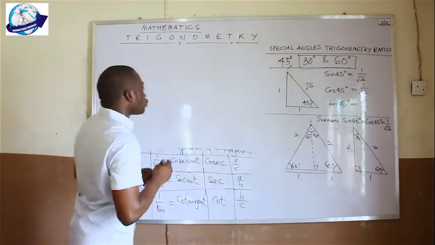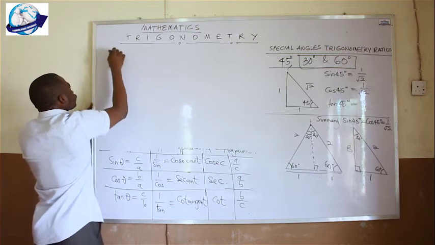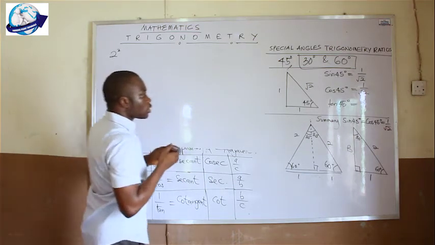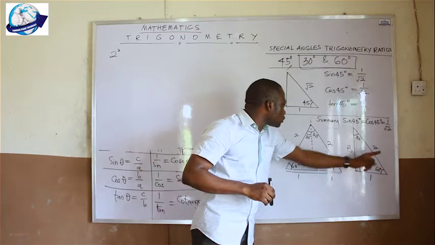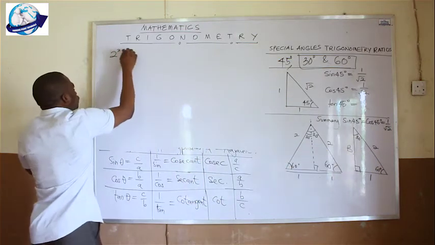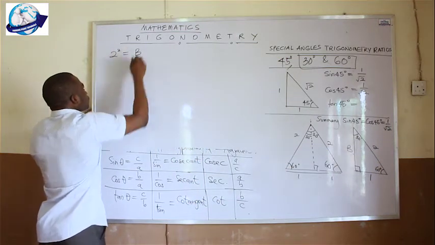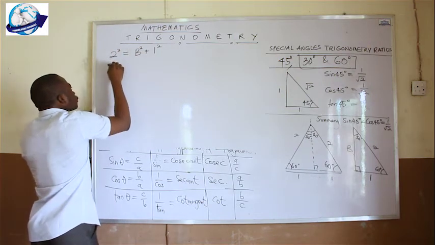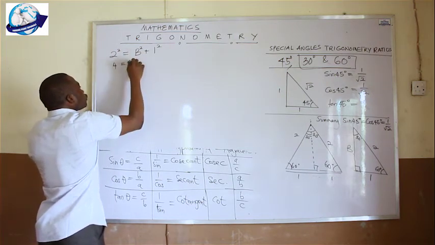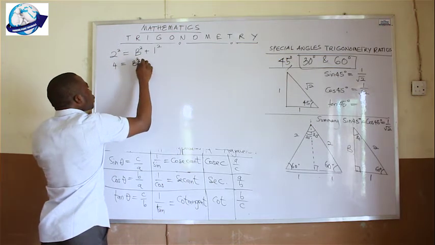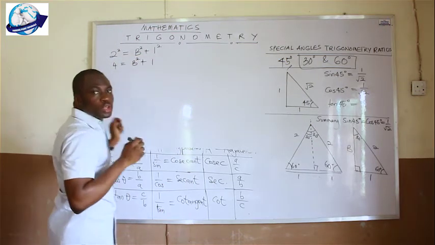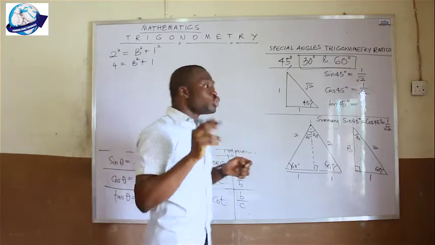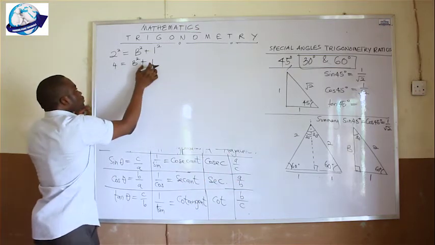So, Pythagoras theorem. We said the hypotenuse side, which is 2 squared, is equal to the opposite side, that's B squared plus the adjacent side, 1 squared. So 2 squared is 4, then B squared, 1 squared is 1. If you collect like terms, your plus 1 on the left hand side will come to the side.